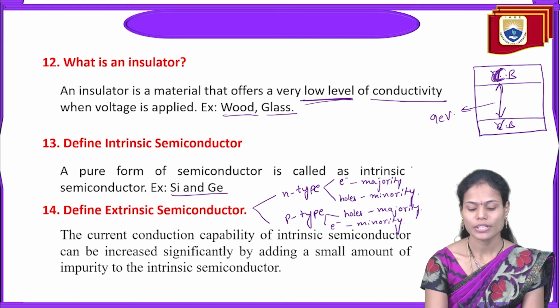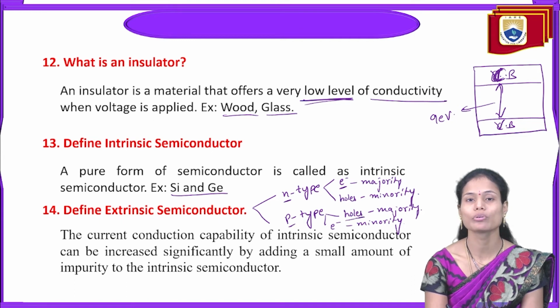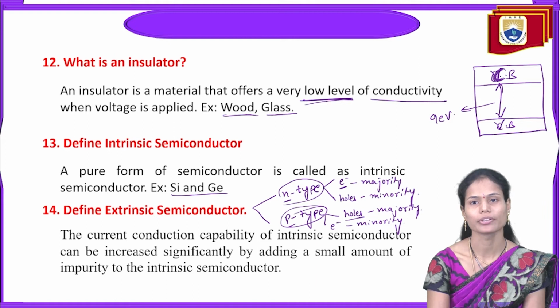That's why it is called N-type material, because electrons are more. This is P-type material, because holes are more. Holes have positive charge, electrons have negative charge. So that's why it is N-type material, and this one is P-type material.